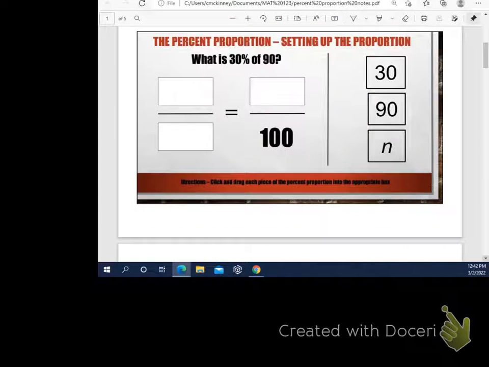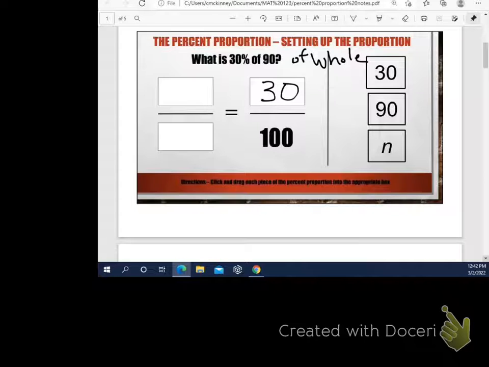So if I want to solve, then I'm going to place things in the right positions. So 30%, well, that's pretty obvious. It's the percent. So the 30 is going to go above the 100. And then when you think about the other parts, the whole is going to follow of.